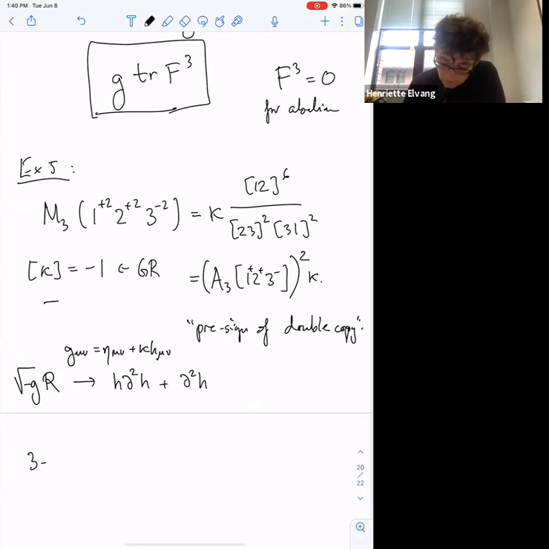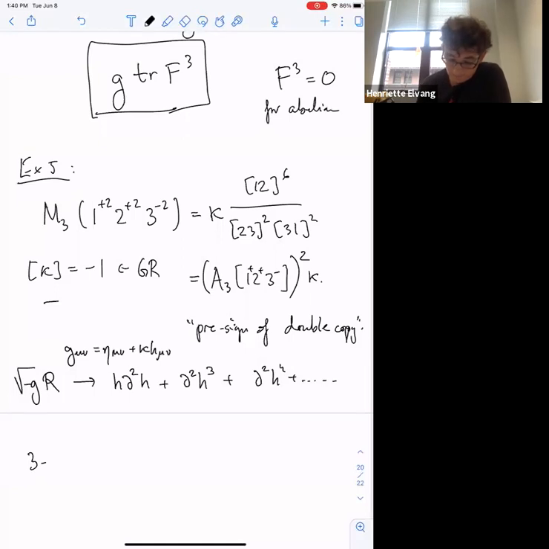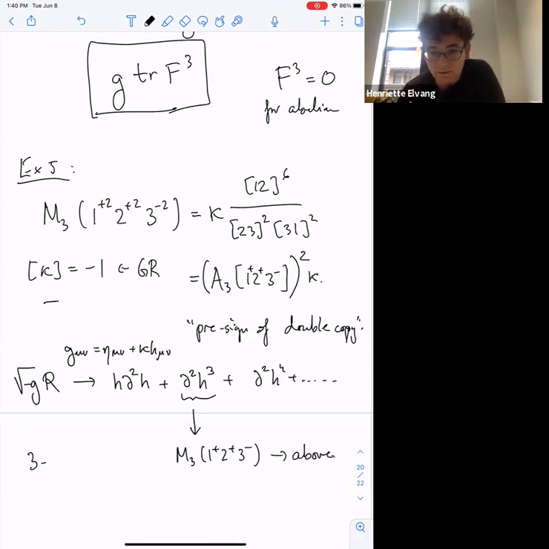And then there's a 2 derivative interaction with free gravitons. And that's actually worse, they're n-point interactions with 2 derivatives for any n. But if I take this and I compute the matrix element of it, I would find exactly that result that we had above, if I convert to spinor helicity formalism. It's not obvious from what I've told you, but it is true.